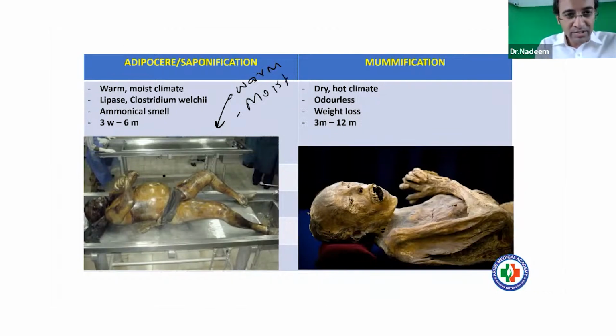And because of the action of bacteria, this will be bad smelling. So there you are going to see a rancid butter smell or ammonia-like smell. This is adipocere formation, because of the conversion of adipose tissues like this. It will take approximately 3 weeks to 6 months.